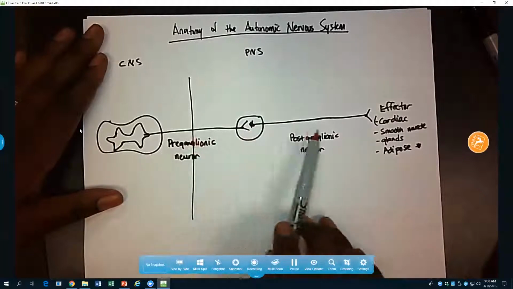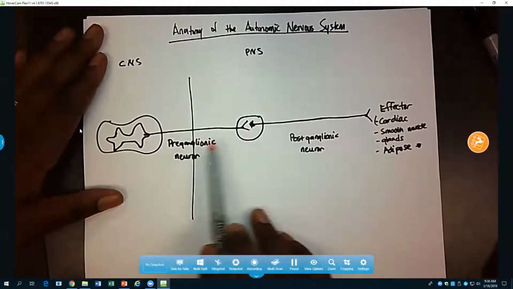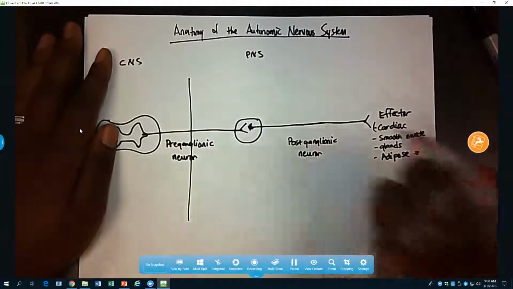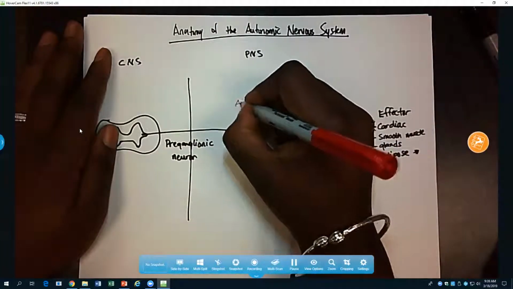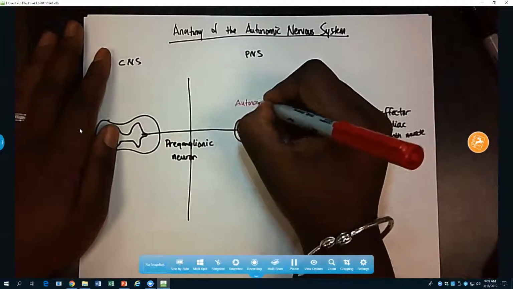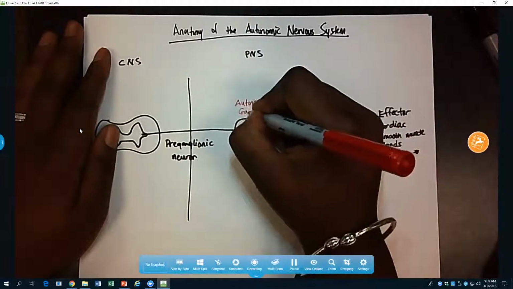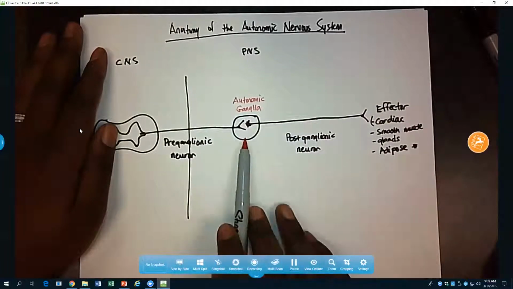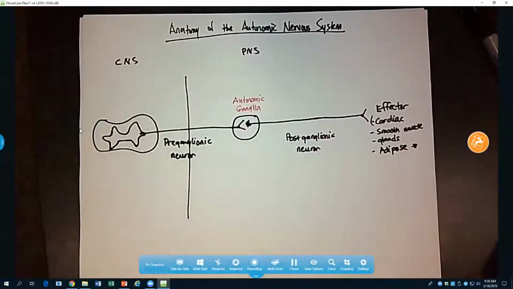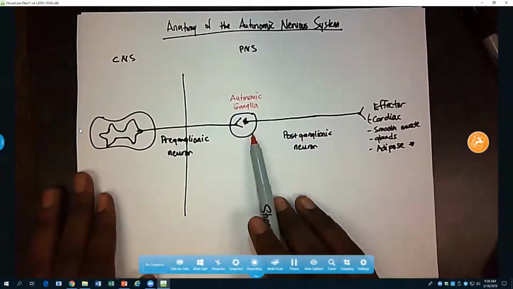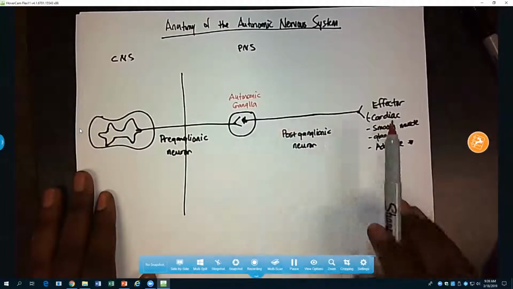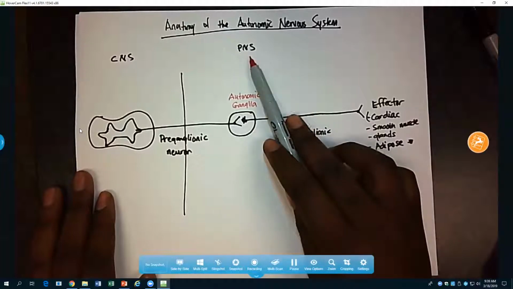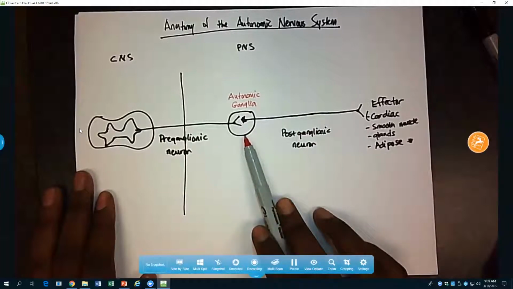And specifically the connection between preganglionic and postganglionic neurons of the autonomic nervous system, this is called your autonomic ganglia. Okay. This can occur in several different locations, and we're going to talk about that coming up. But the synapse between your preganglionic neuron and your postganglionic neuron, which takes place in the peripheral nervous system, is called your autonomic ganglia.